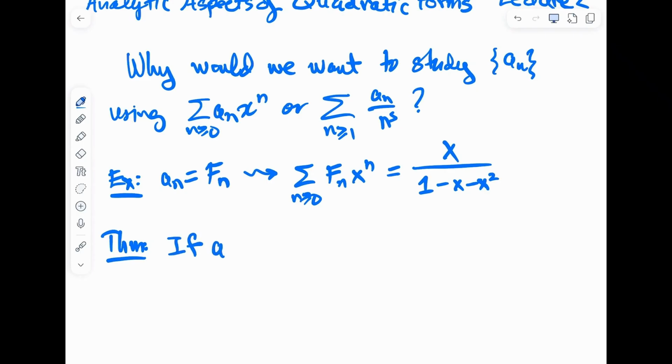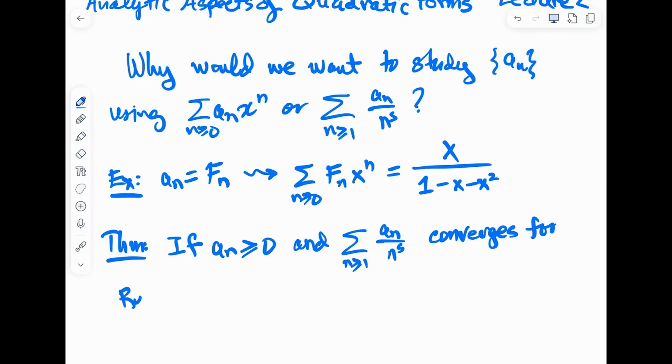If you have a sequence of non-negative numbers and the Dirichlet series with these coefficients converges to the right of 1, and you assume that the series is analytic in a half plane where it converges, just like a power series. If it converges at a point, it converges at all smaller numbers on a disk. If a Dirichlet series converges at a point, it converges on the half plane to the right of there.